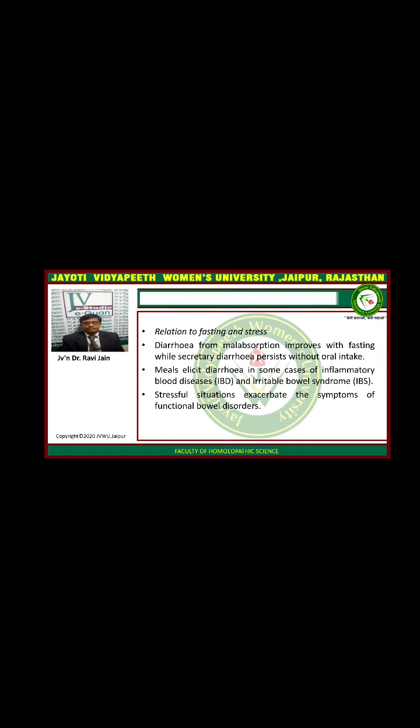Relation to fasting and stress. The diarrhea from malabsorption improves with fasting, while secretory diarrhea persists without oral intake. Meals elicit diarrhea in some cases of inflammatory bowel disease and irritable bowel syndrome.